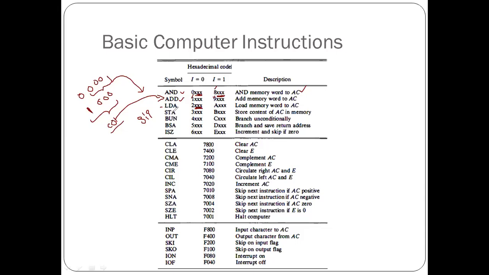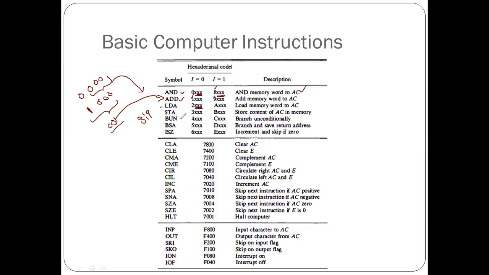Right? See, all these are operations. Sometimes you may be required to perform loops or jump from one location to another location. So your instruction set should include such types of instructions also. Hence we have given branch unconditional, and branch and save return address.